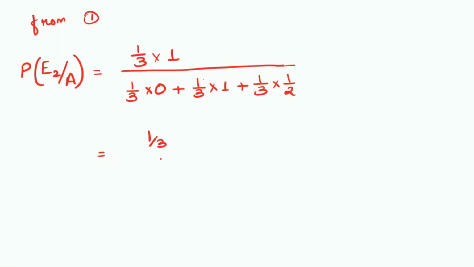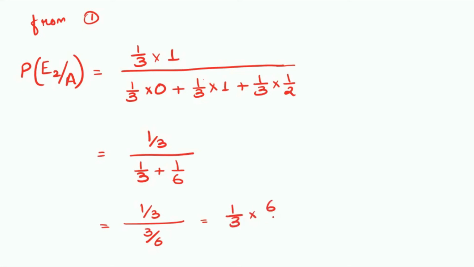So this is 1 by 3 upon 1 by 3 plus 1 by 6. This is 1 by 3, and if you take the LCM, 6 is the LCM, so 2 plus 1, 3 by 6. So you can see 1 by 3 into 6 by 3, 2 times. So 2 by 3 is your answer.